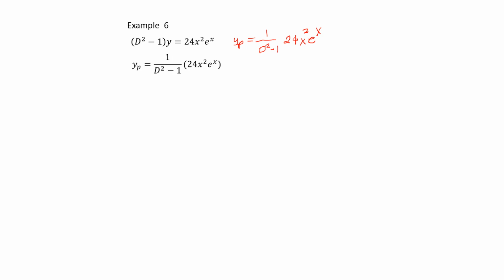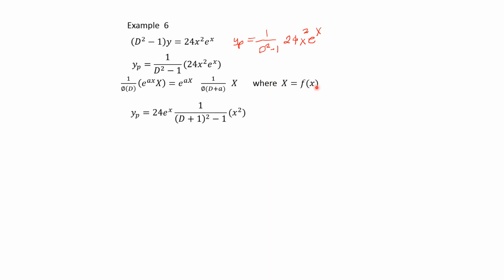That's our y sub p. We can use this formula now: 1 over φ(D) of eᵃˣ X is eᵃˣ times 1 over φ(D + a) of X, where X is a function of x.